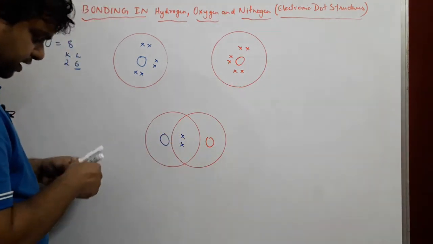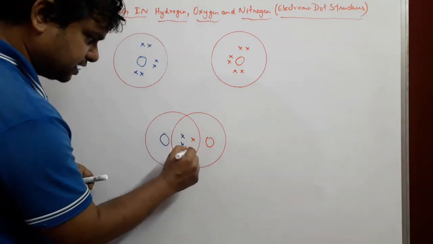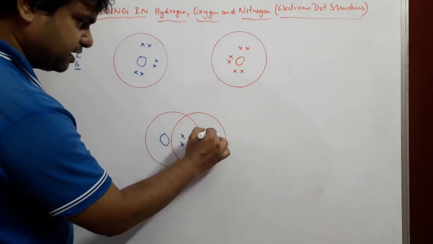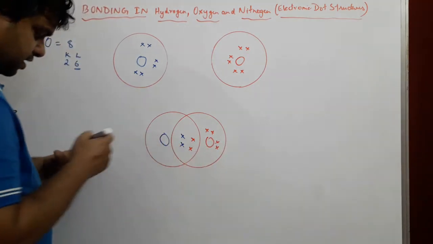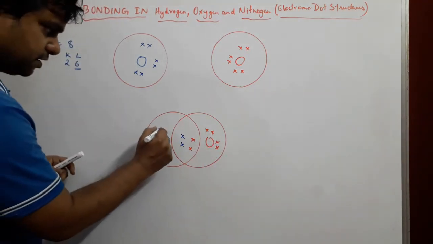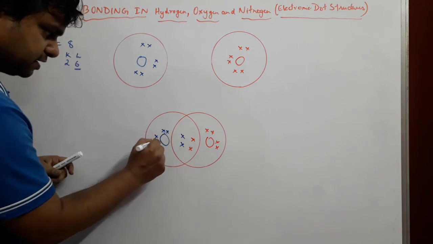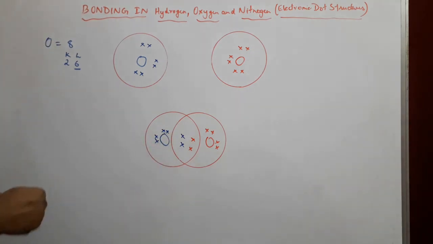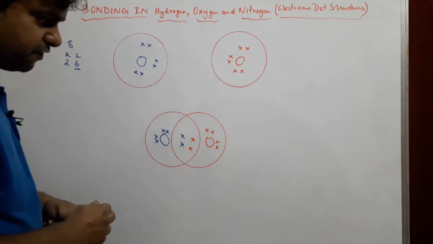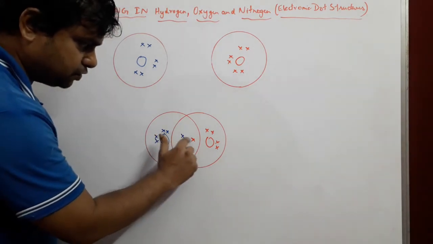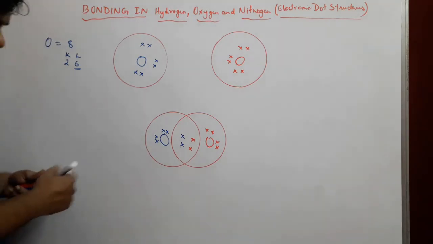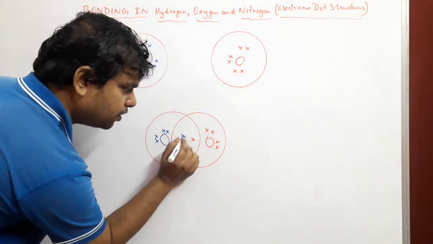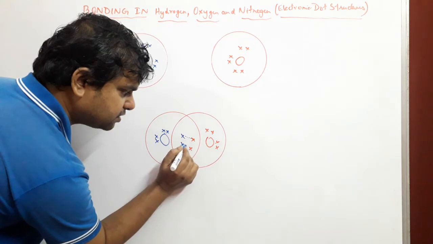The remaining remain inside, like XX and XX over here, and over here it would be XX and XX. Only these two are shared. Now these two crosses over here represent one bond. So this is actually one bond. I'll just depict it this way.